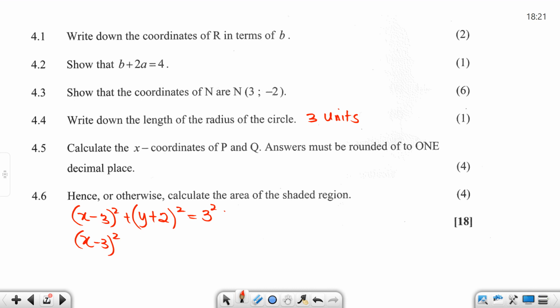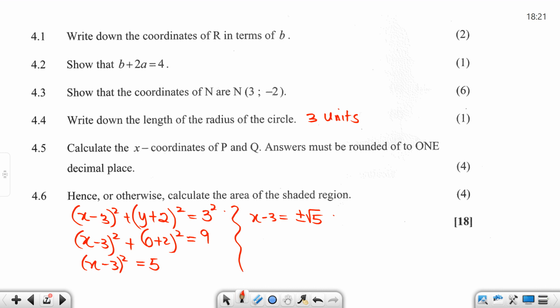So what do we have? X minus 3 squared plus 0 plus 2 squared equals to what? 9. All right. X minus 3 squared. What will this give us? 4. If we move that over that side, what do we have? 5. Make sense? I don't want to expand, I'm too lazy. X minus 3, therefore, is plus or minus square root of 5.